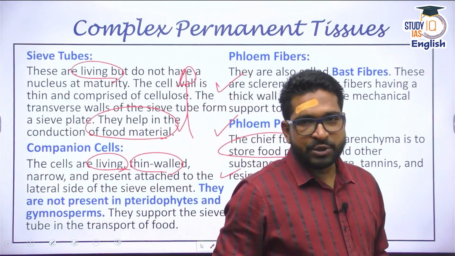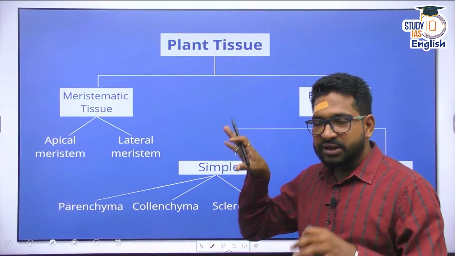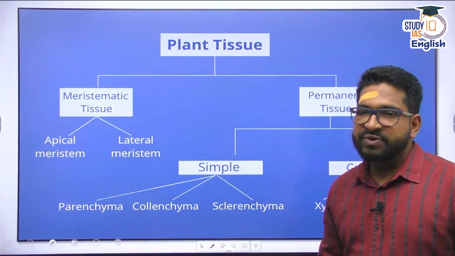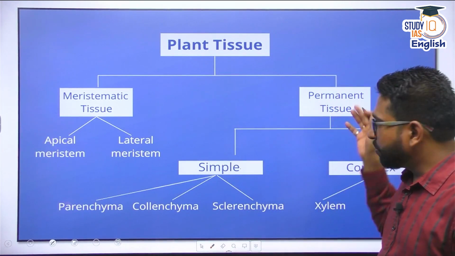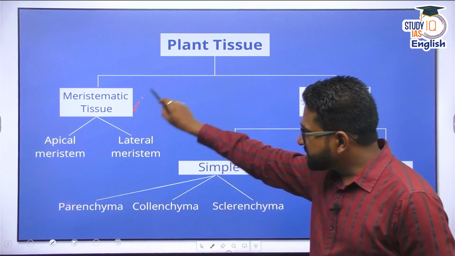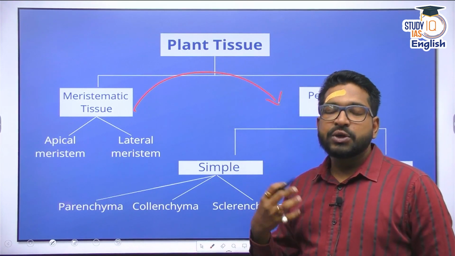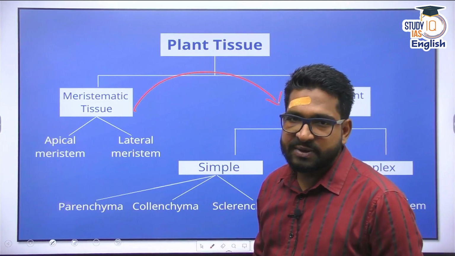All right, so this is about the complex permanent tissue. I hope that you have gotten the clear-cut idea. Let me just give you a small summary. Plant tissues are divided into meristematic tissue and permanent tissues. Meristematic tissues develop into permanent tissues with the growth of the plant. Meristematic tissues are responsible for growth.